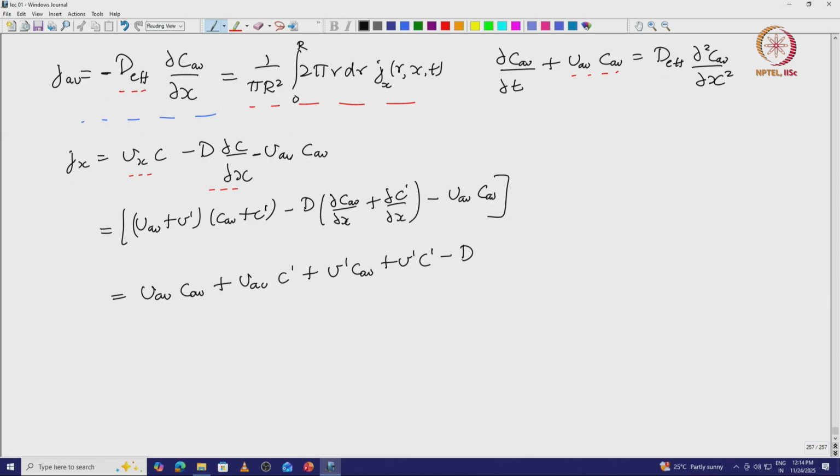D in this case is the molecular diffusion coefficient, because we are writing the local flux, minus V average C average. And you can see that these average parts will cancel out.